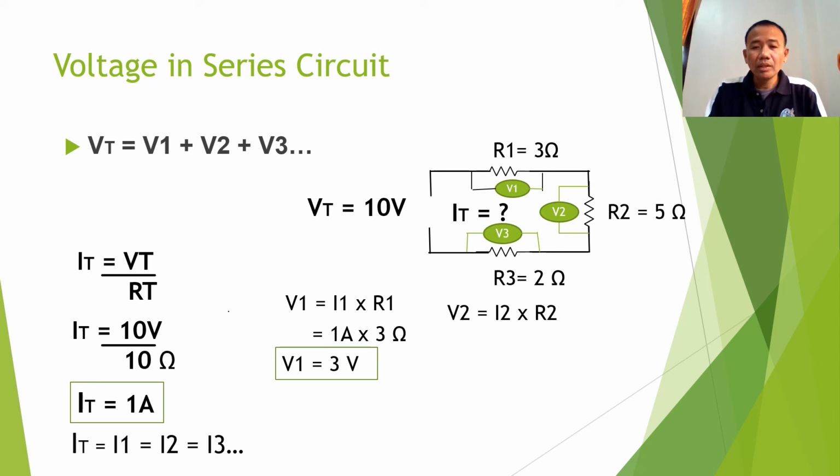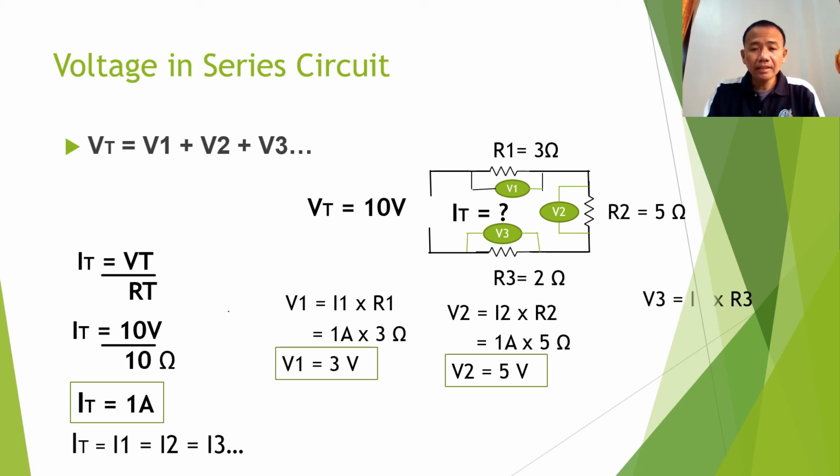Next, looking for V2, or the voltage drop at R2, our formula will be I2 times R2. Again, since IT is equivalent to I1, equivalent to I2, equivalent to I3, we can simply substitute the value of I2 as 1 ampere. So it gives us 1 ampere times 5 ohms, and V2 is equivalent to 5 volts.